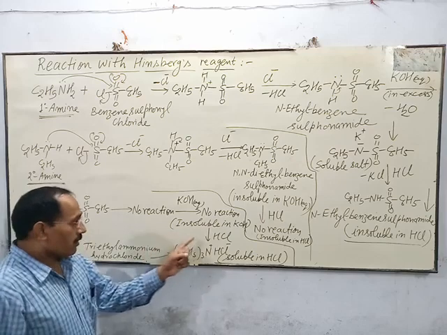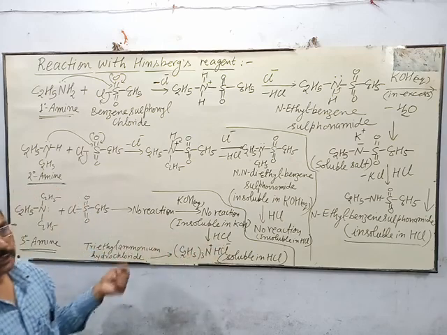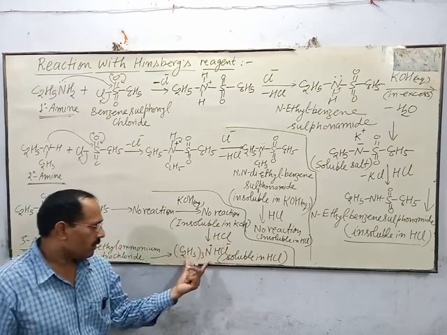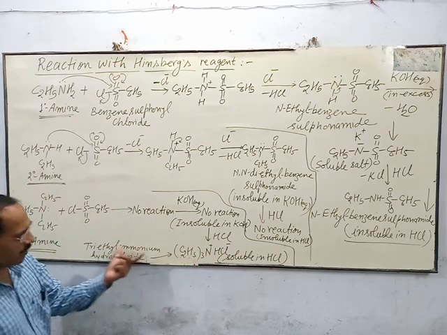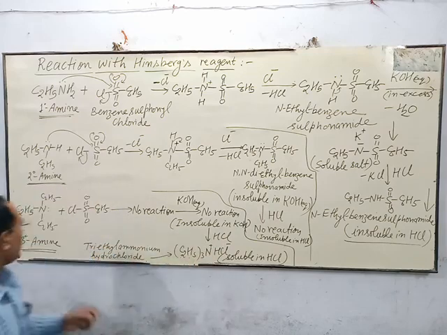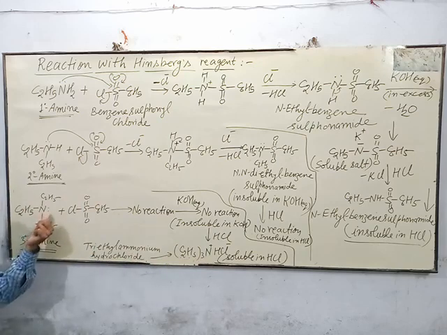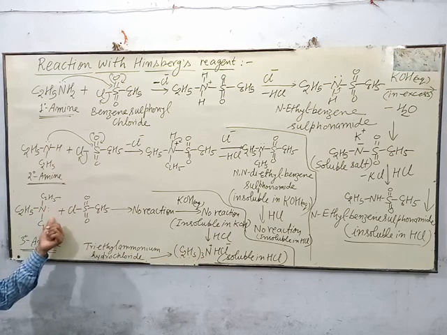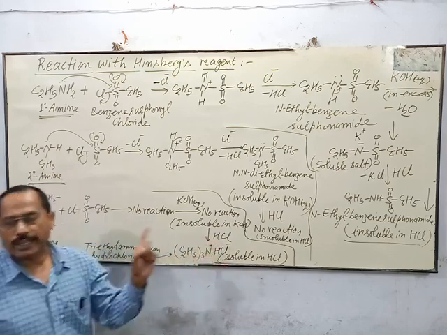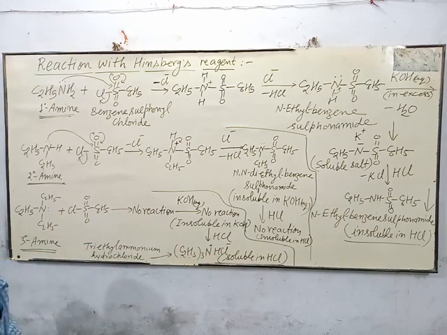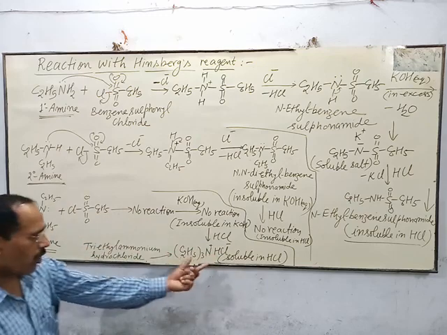However, when HCl is added to it, a soluble salt is formed. A soluble salt is formed because in case of amine, due to presence of lone pair, it is a base, and HCl is an acid. When acid reacts with organic base, salt is formed.